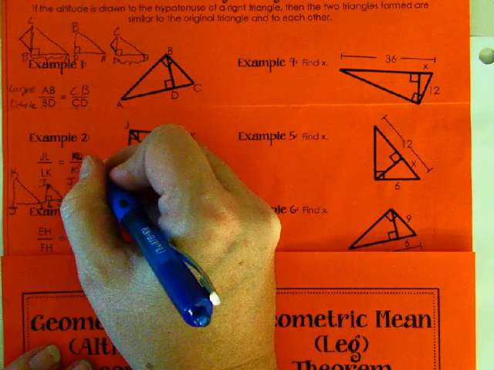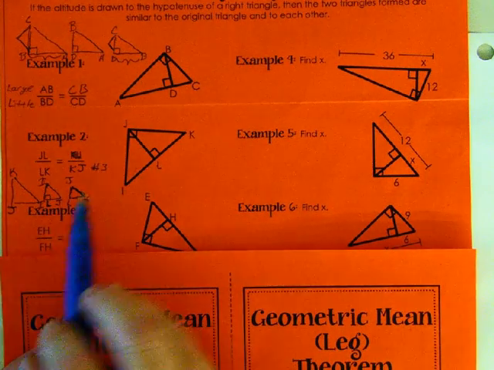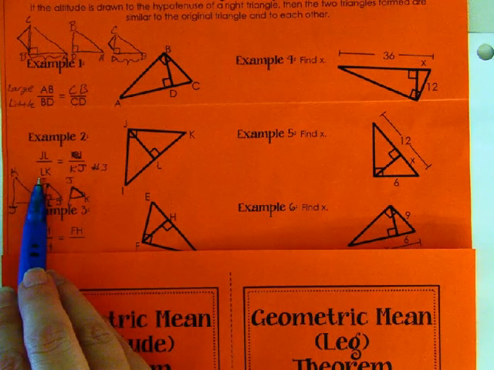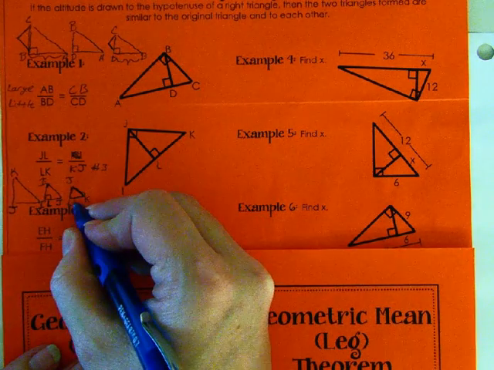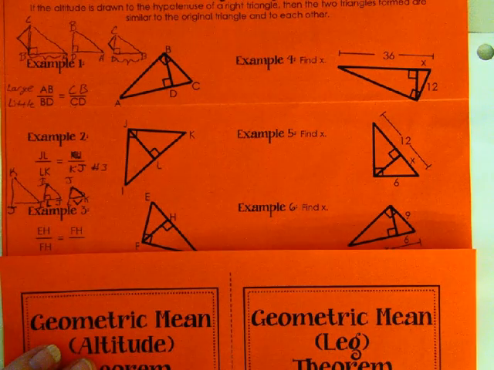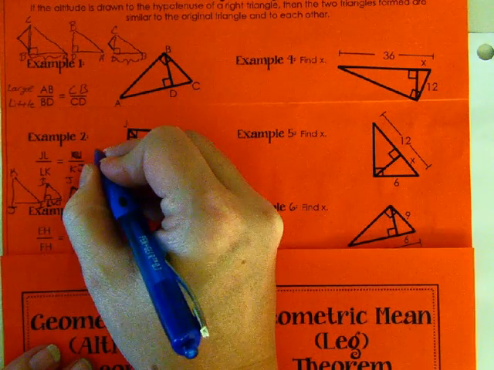Or we'll call this one number 3. Okay. All right, so I'm looking at this one. Now I'm looking for JL to LK. So LK here, that's my bottom. And I'm looking for JL. So JL is the second one. So this one's number 2.